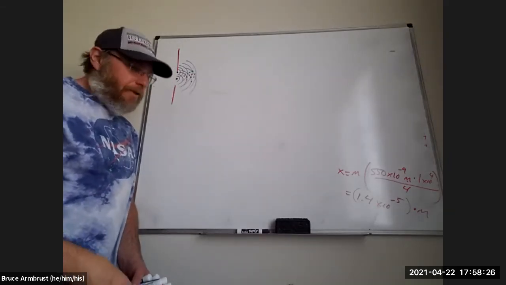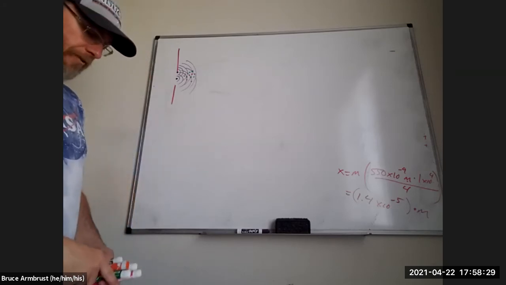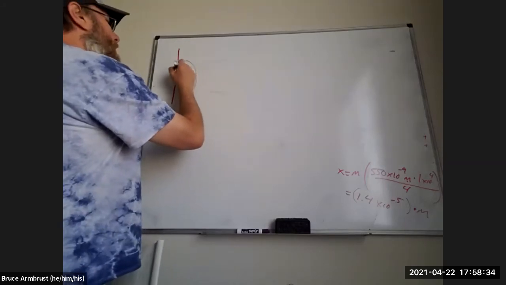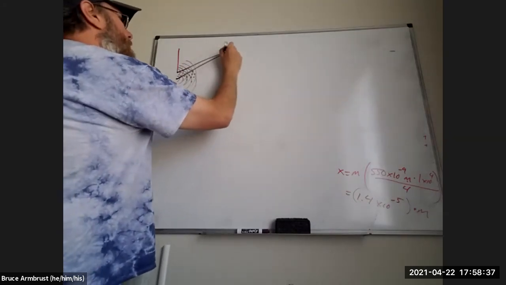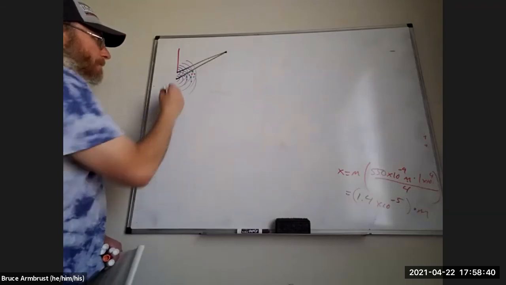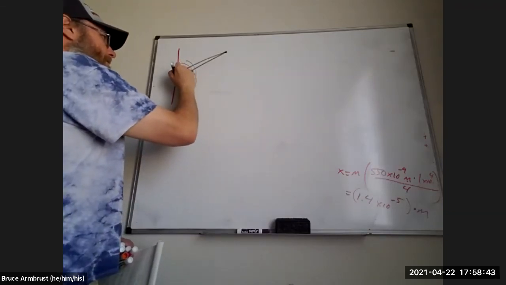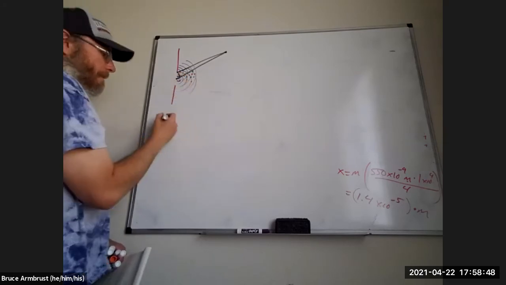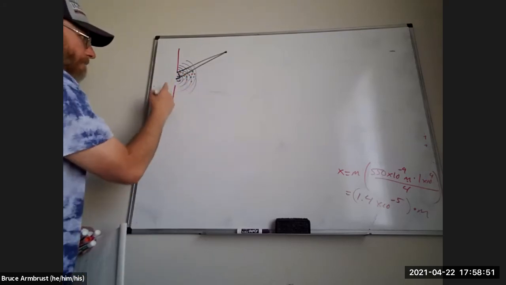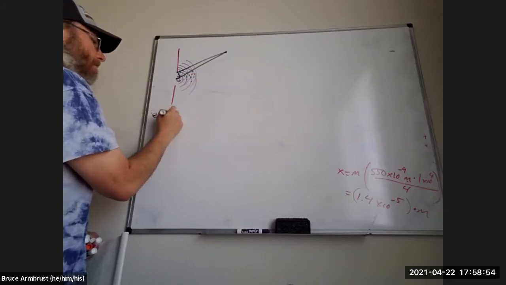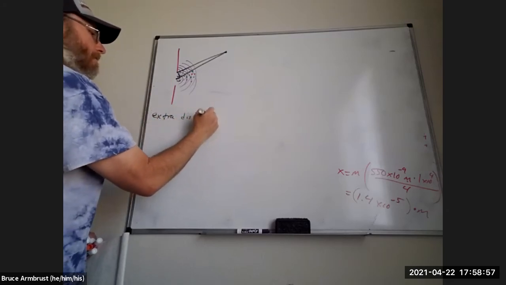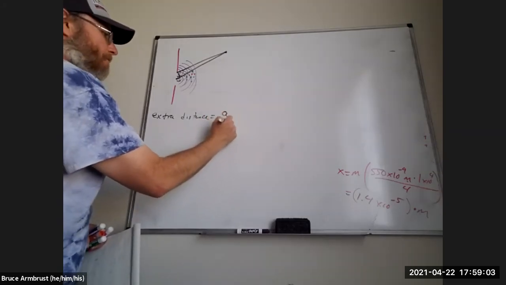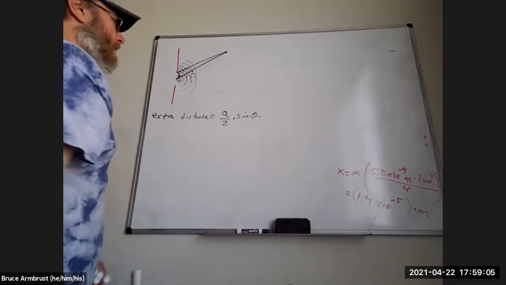Okay, well, if we still follow the sort of, where are these going to occur, if we were to send those out onto a screen, we do the same thing about the difference in distance. Remember when we did that and we look at this little extra chunk? That extra distance, from the trig, is going to equal a over 2 times the sine of theta.